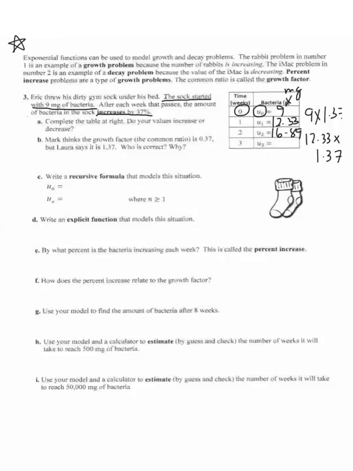And then you multiply 16.89 by 1.37, and you'll get 23.14. So you can tell that the milligrams of bacteria increase. They go up from 9 to 12.33 to 16.89 to 23.14, and they keep increasing.